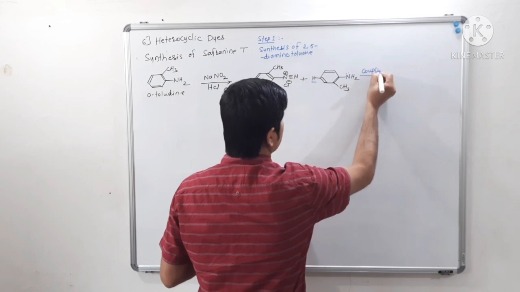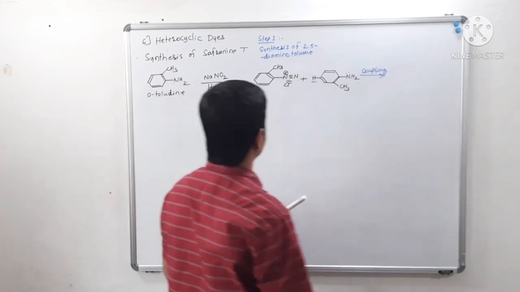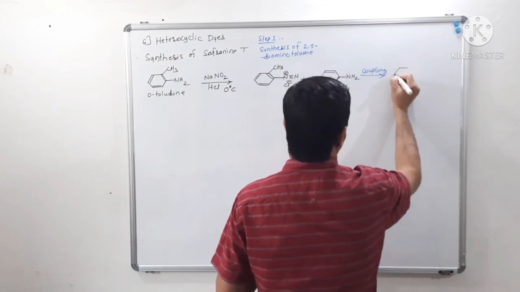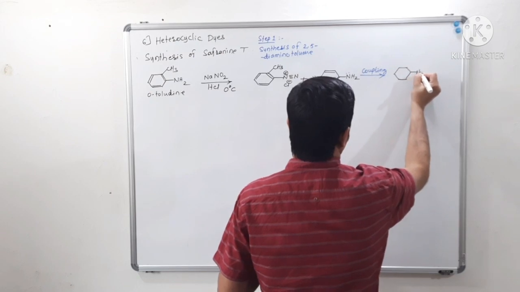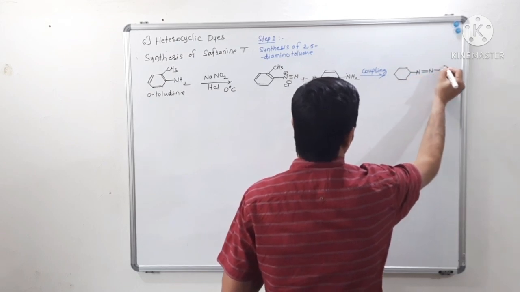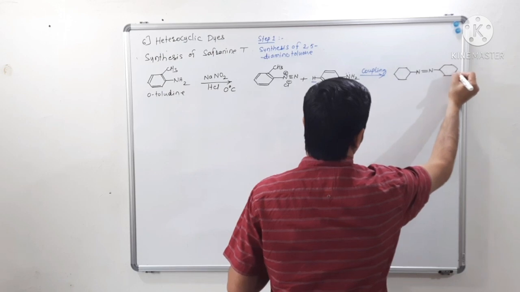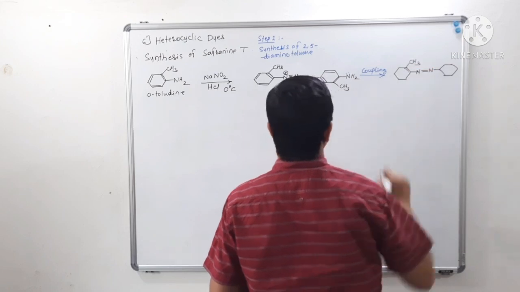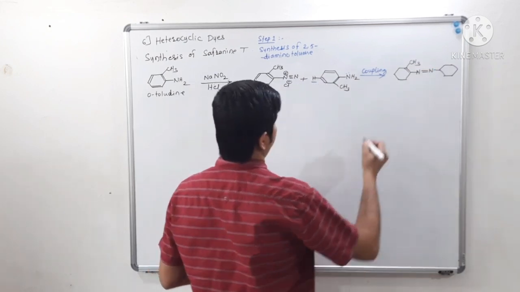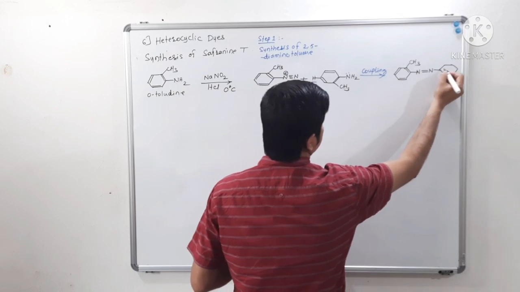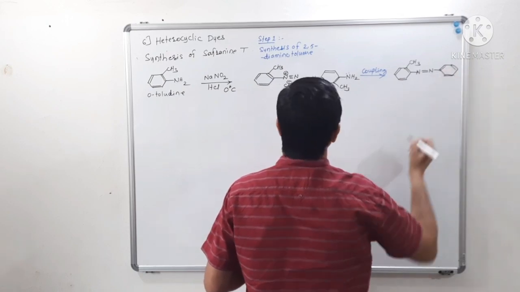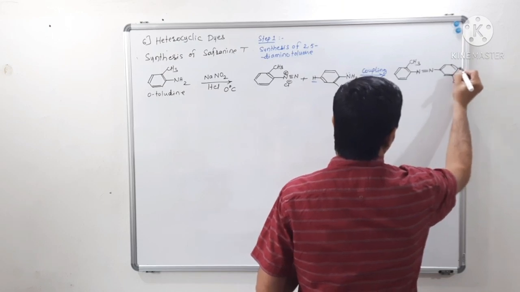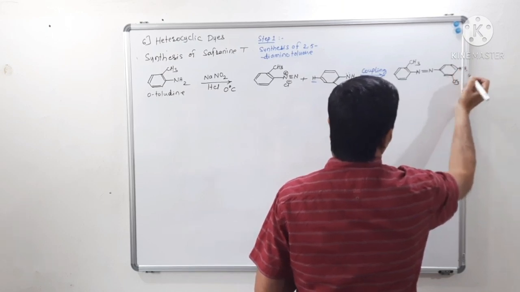Coupling. So what we will get is this type of coupled derivative, with a double bond N, CH3 here, and NH2 here.